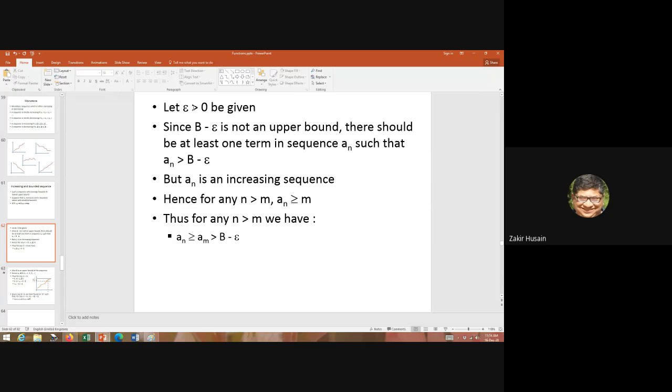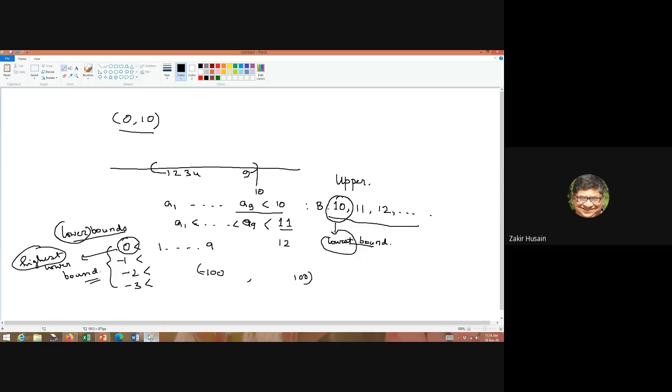Now let us take a very small neighborhood, epsilon. Basically, we have got b. When we want to define a neighborhood, the numbers on either side of b, we have to say how many points we are taking, or what is the radius.